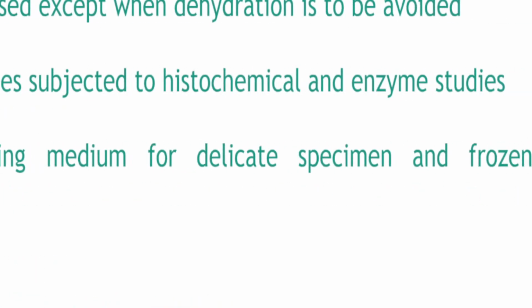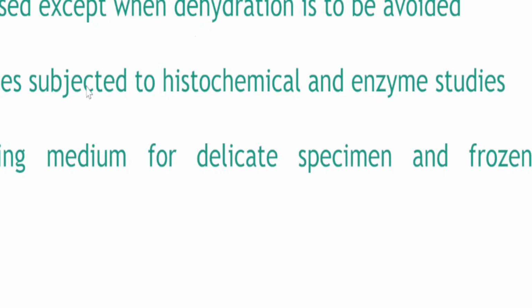Okay, we can also use gelatin, but the main problem with that one is that you basically want to do histochemistry and enzyme studies on this one. That's why you don't want to damage the specimen's chemical integrity. And paraffin, you rarely use except when dehydration is to be avoided. Why dehydration is to be avoided is because you want to see how the cells react to certain chemical tests or histochemistry or enzyme studies.